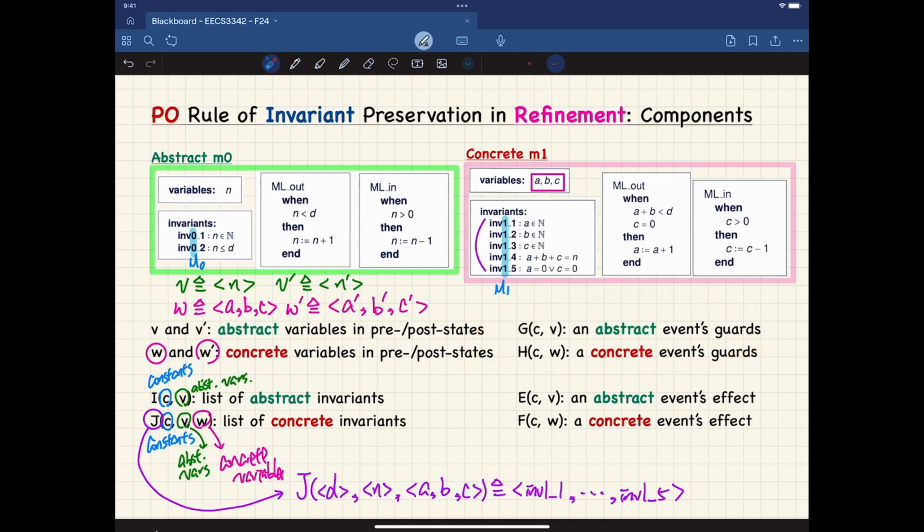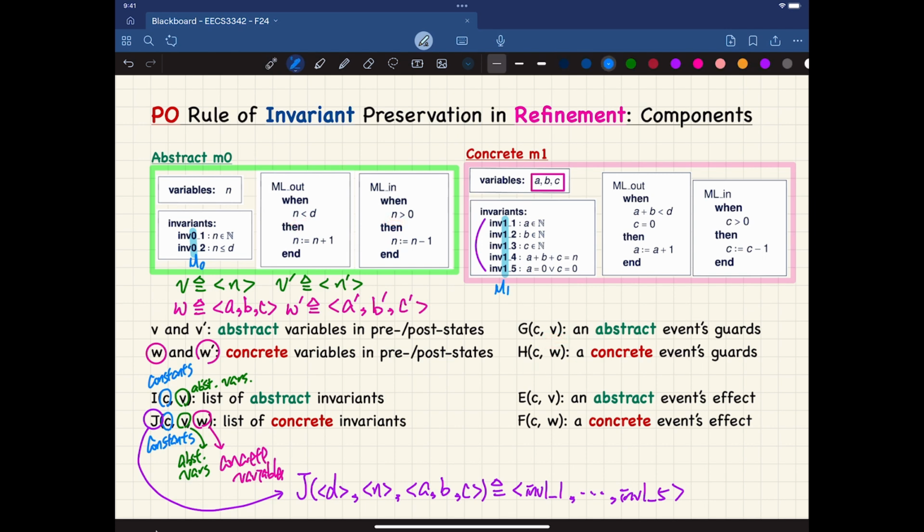Okay. Now we talk about the guards. So G over here is basically the guards in the abstract states, either this or this. And you can refer to some constant, in which case you can see the constant here. You can also refer to the abstract variable, which is n over here. All right.